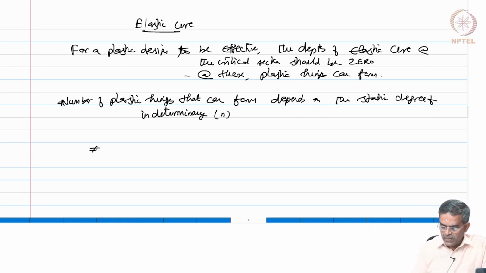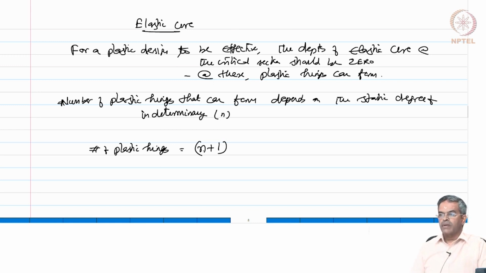So, the number of plastic hinges in a given structure should be equal to the degree of static indeterminacy plus 1.